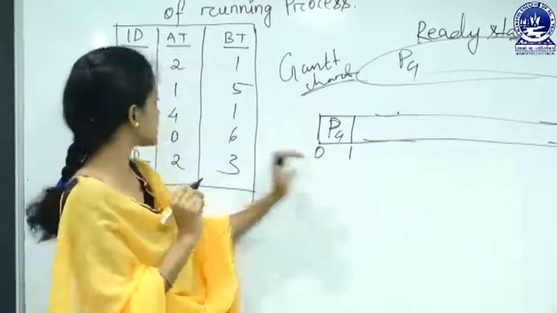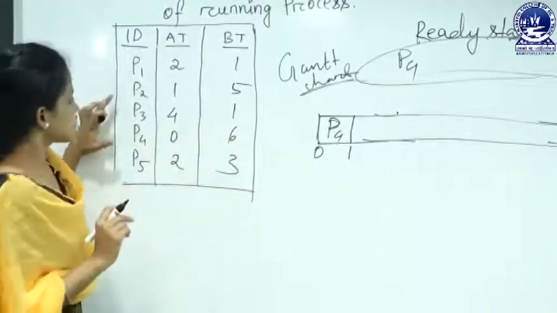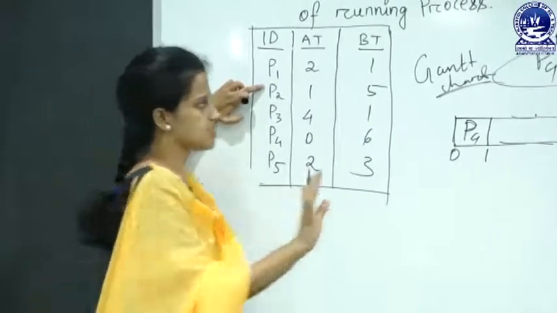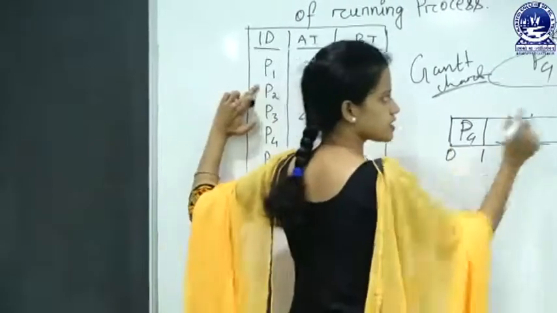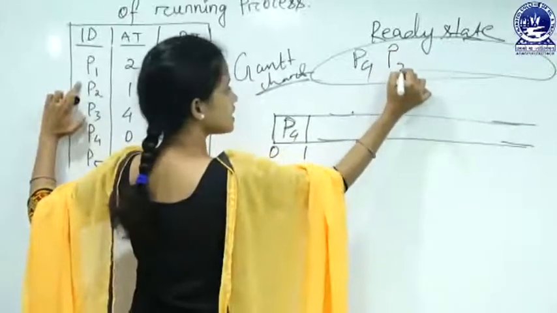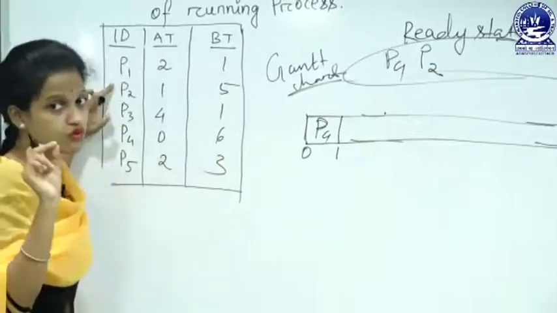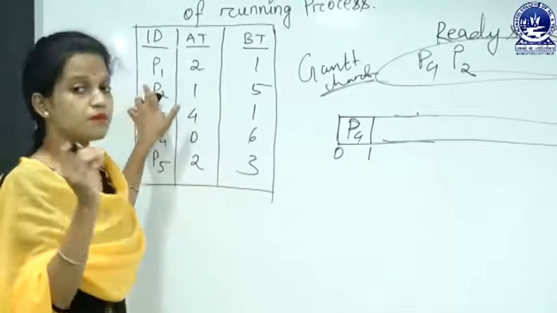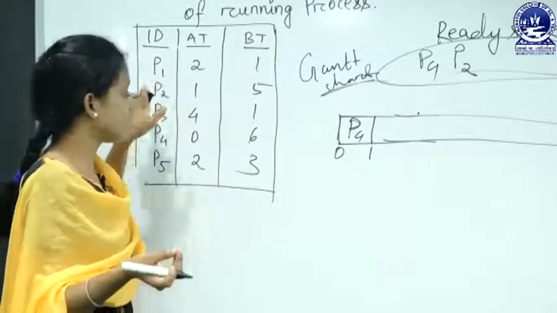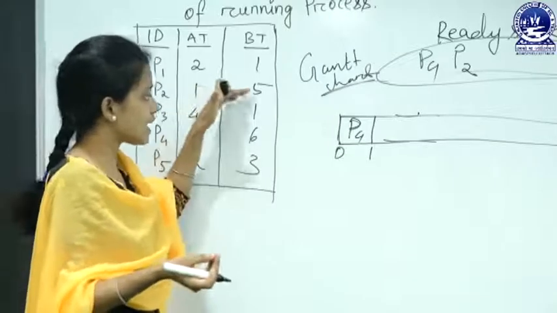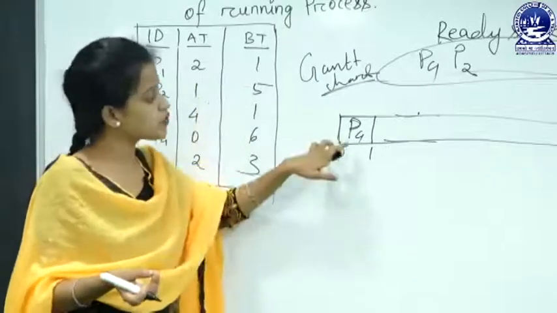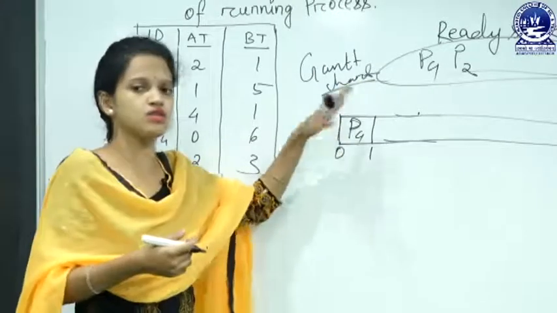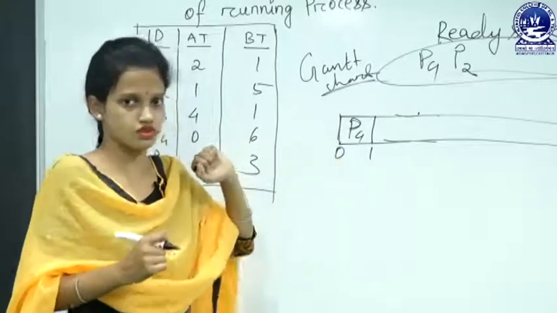And at 1 millisecond, yes, P2 has arrived at the ready state. So at 1 millisecond, P2 has arrived. So we have to check the burst time of that newly arrived process and compare it with the remaining time of the currently running process, which continues its execution.